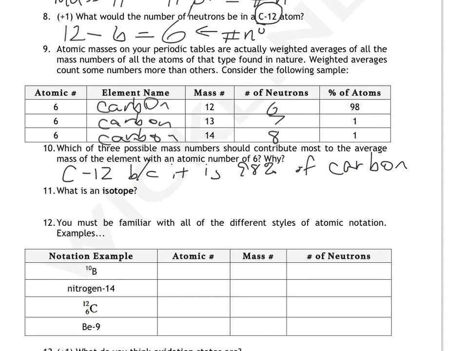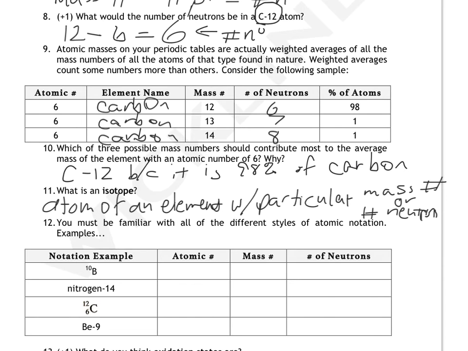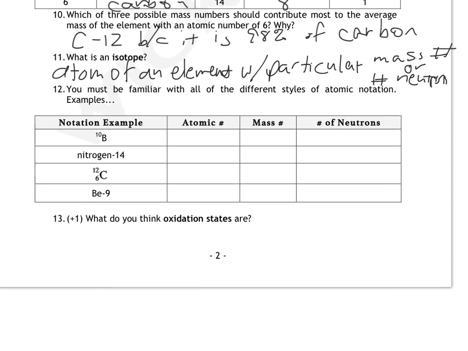So when I define isotope, I'll just think of it as a version of an element with a particular number of neutrons or with a particular mass number, and noting that there can be other versions of that isotope. So an atom of an element with a particular mass number or number of neutrons. Now we need to be familiar with the different ways that we can notate different atoms.